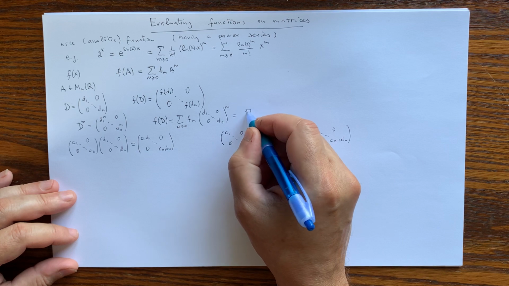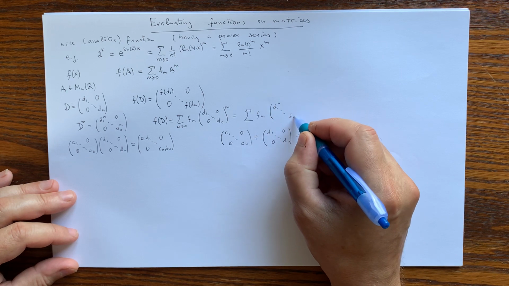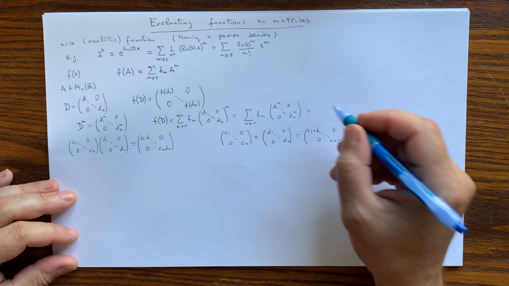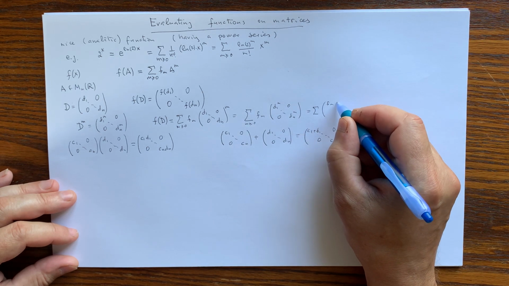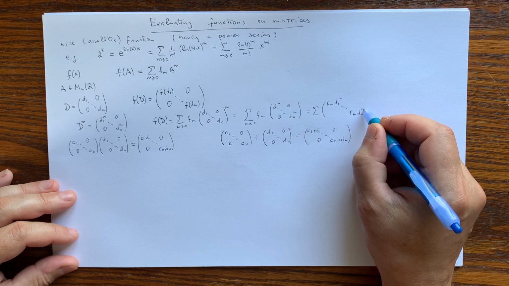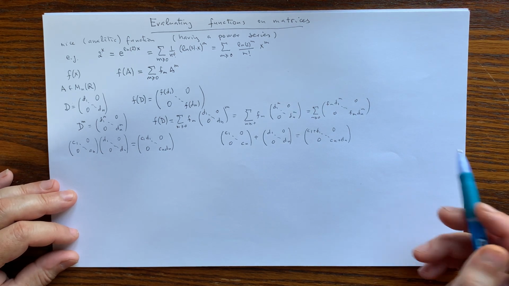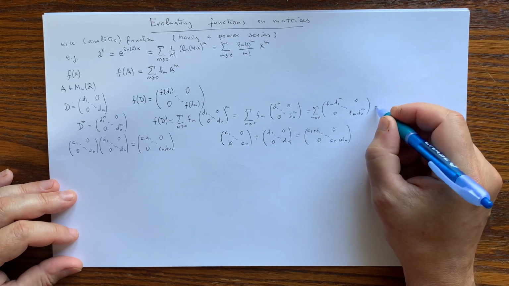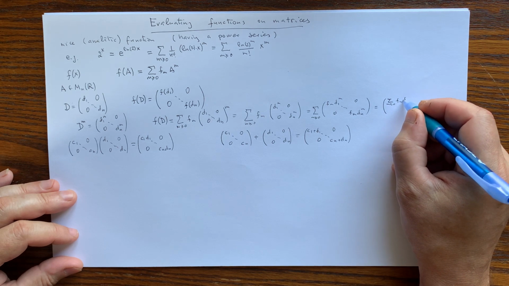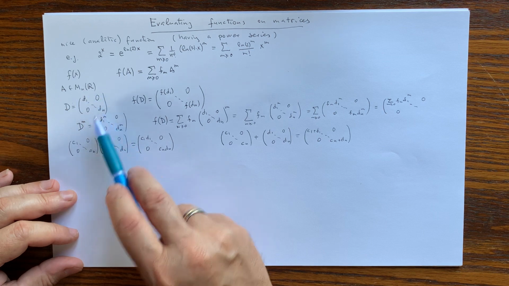Okay, computing the power, rewriting it as the power, then scaling it with some coefficient, and finally taking the sum, although infinite, but still the sum of diagonal results, and that will be a diagonal matrix again, with diagonal entries nothing but the function applied to whatever was sitting on the diagonal of our original D.